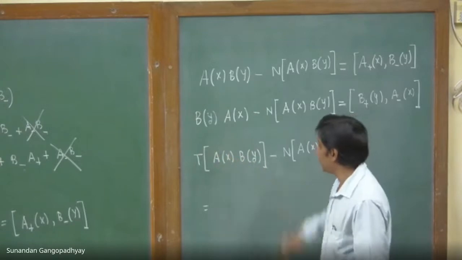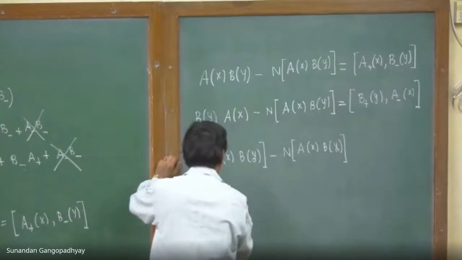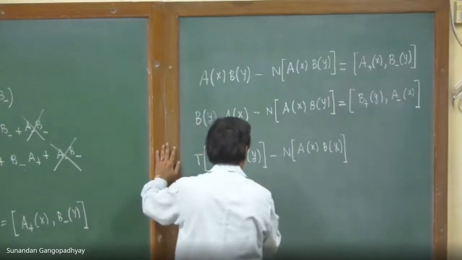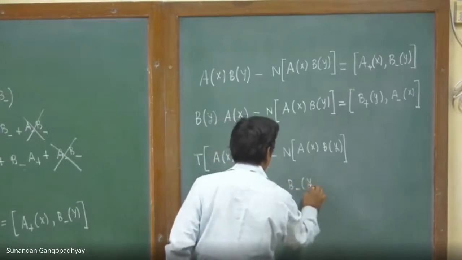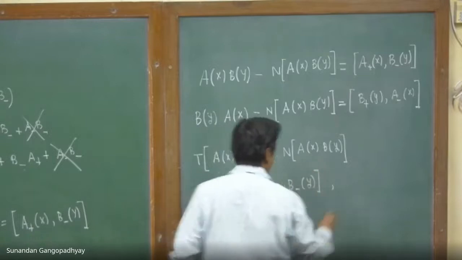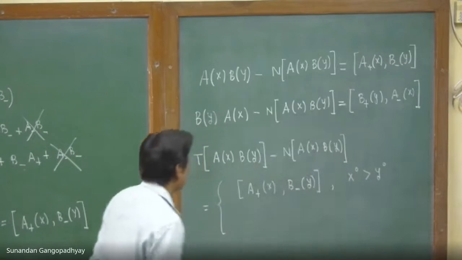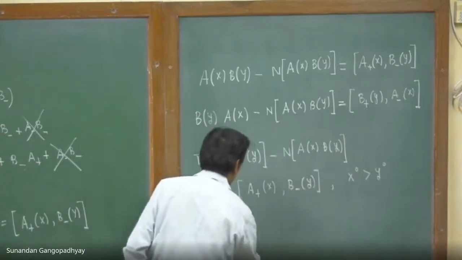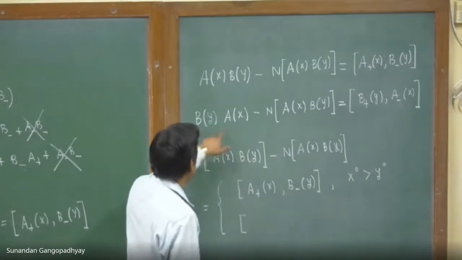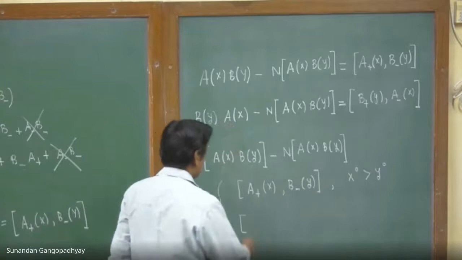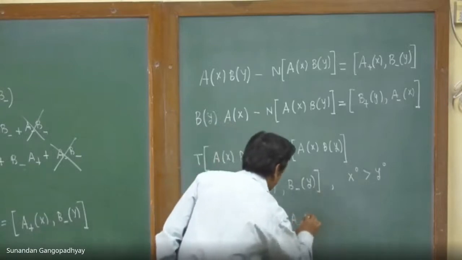So the result is a plus x commutator b minus y for x naught greater than y naught, and if y naught is greater than x naught, then you will have By sitting on the left of Ax, and the result will be b plus y a minus x for x naught less than y naught.